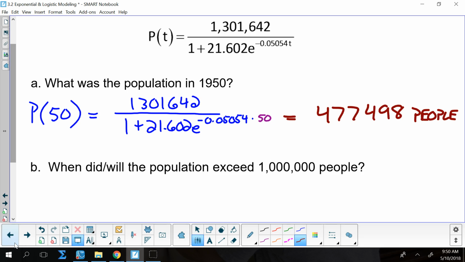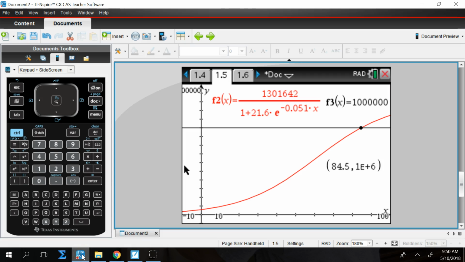So you graph this equation, and then what other equation do you graph? Y equals 1 million, or f of x equals 1 million. Yep, and then you see where they intersect, right? Okay, so I got them intersecting at 84.5. Okay, so that's 84.5 years from 1900, right? Okay, so that's one way of doing it.